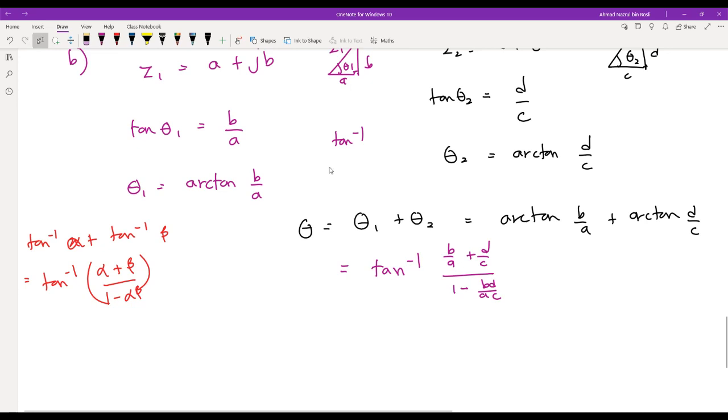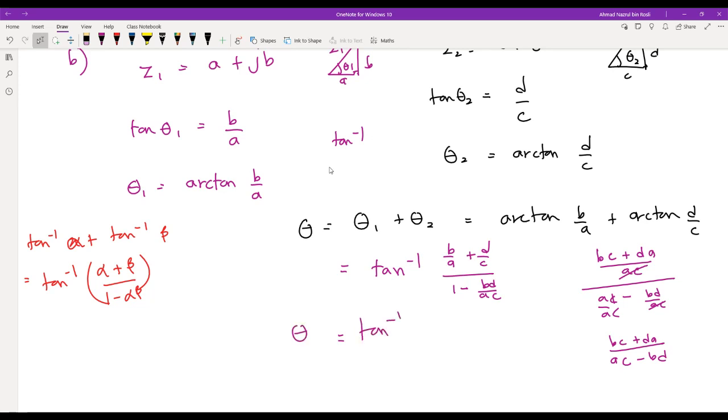Multiplying by AC, we have BC plus DA over AC, and 1 minus BD over AC. We can bring AC below, and the 1 is also AC over AC, so both AC cancel. What we have is BC plus DA over AC minus BD. So finally theta is equal to tan minus 1 of BC plus DA over AC minus BD.